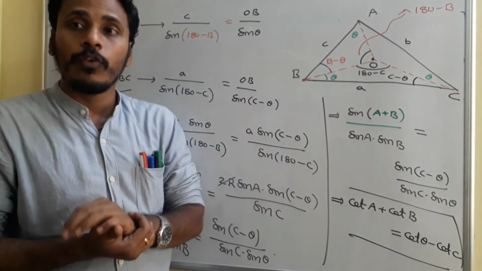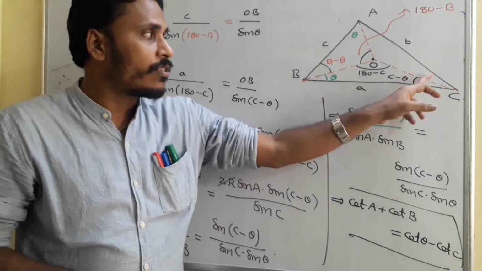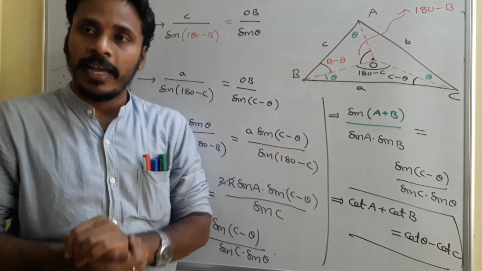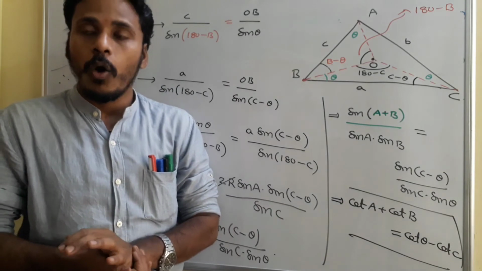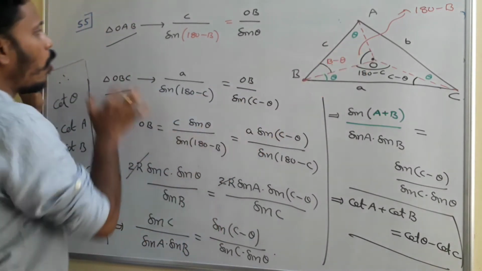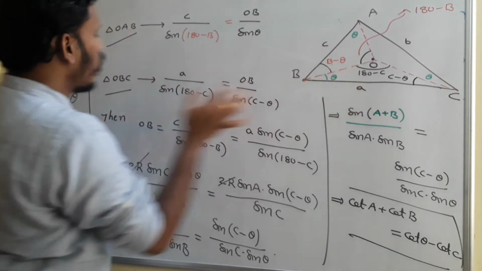In the same way, if you look at angles in this triangle, since it is theta, total angle c, this is c minus theta, and its opposite angle is 180 minus c. And now we are just applying the sine rule for the two triangles. First one is this OAB, second one is this OBC.